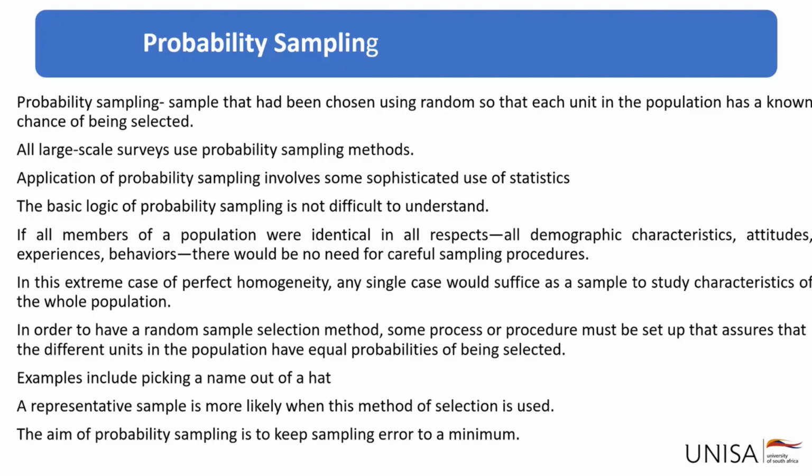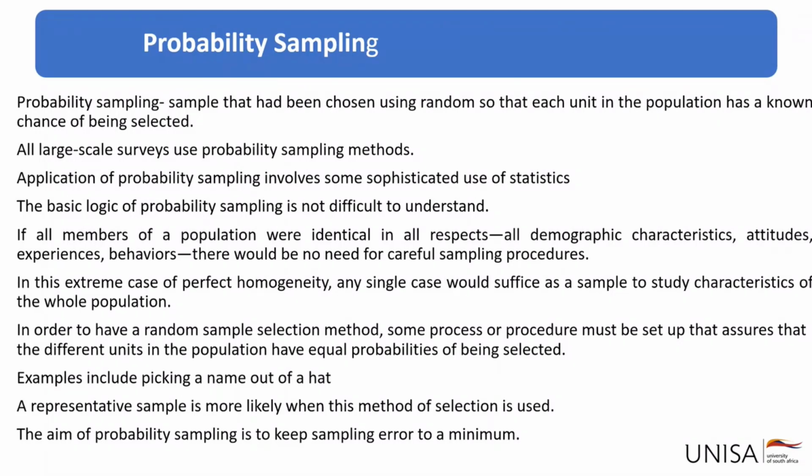So it's really simple why probability sampling is not difficult to understand, simply because people have different characteristics, attitudes, behaviors, experiences, that are different at all times.